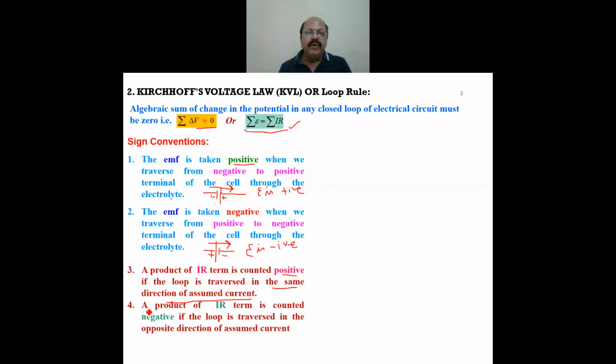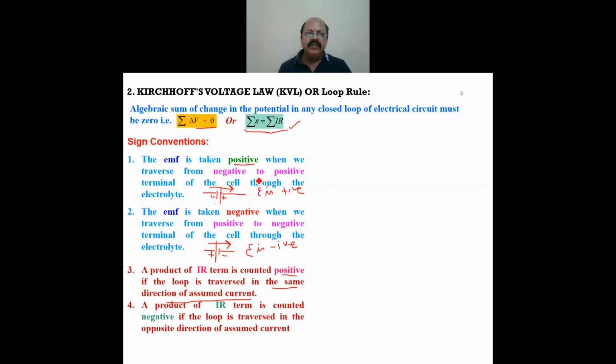Similarly, the fourth one is, when the direction of the loop is opposite to the current, then the product of current and resistance is taken as negative. So these four sign conventions are there, and I am telling you when you will apply these sign conventions, and what the confusion or misconception is.